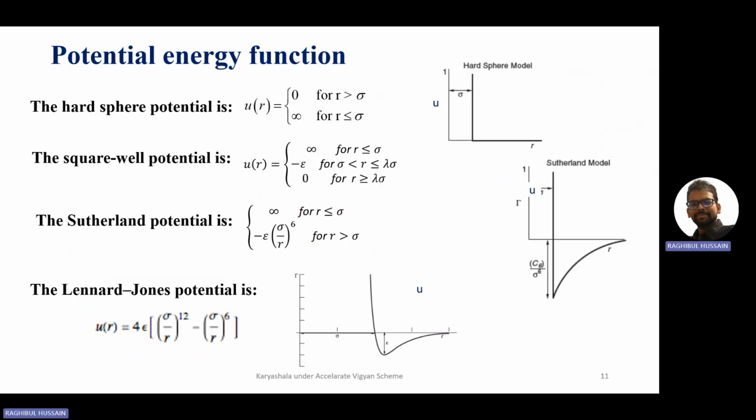Okay, so while discussing this potential energy function, we have mainly considered the non-bonded potentials. But when we are discussing molecules, we have our bond, angle, dihedral, improper, along with these non-bonded interactions, right?